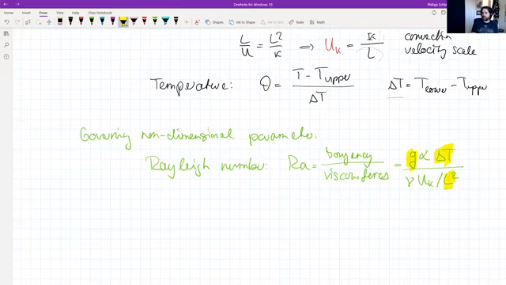The distance between the walls perhaps also plays a role, the viscosity, the expansion, and of course the diffusivity as well. All these quantities go in to determine when this convection starts. That also shows the power of non-dimensional numbers, because you can encode all these different effects in one single number that is then useful for dynamical scaling.